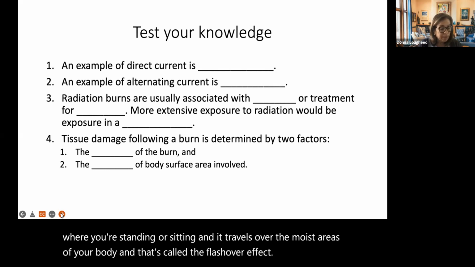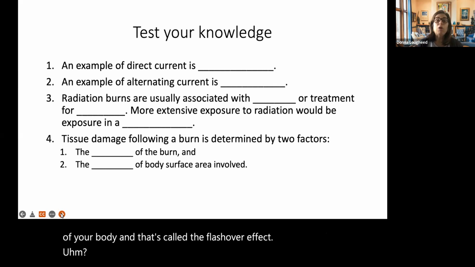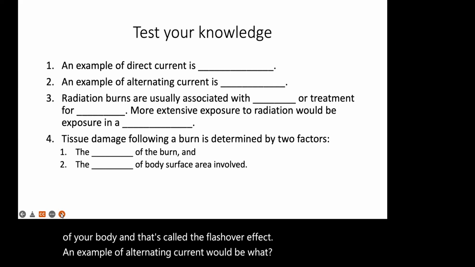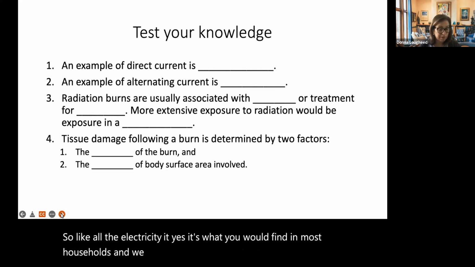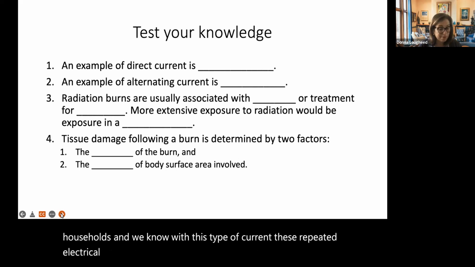An example of alternating current would be what? Something like household electricity. Yes, it's what you would find in most households. And we know with this type of current, these repeated electrical surges can lead to tetanic muscle contractions.